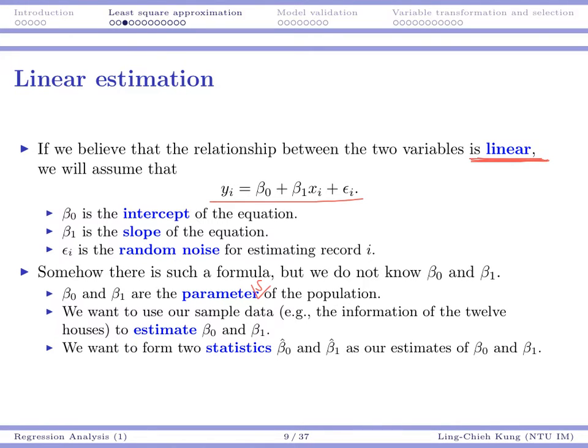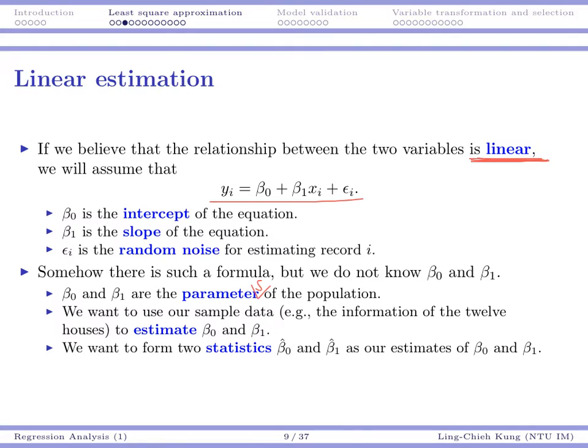So actually this is a statistical estimation problem. We want to use the 12 pairs of numbers to form two statistics. We call them beta hat 0 and beta hat 1 as our estimates of beta 0 and beta 1. They are statistics, just like we use the sample mean to estimate the population mean.